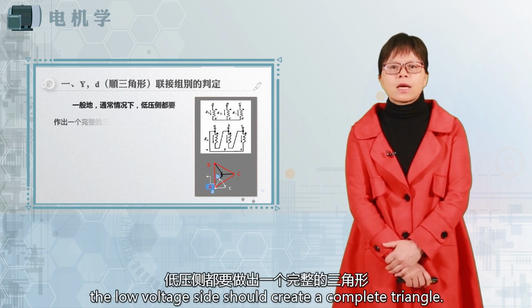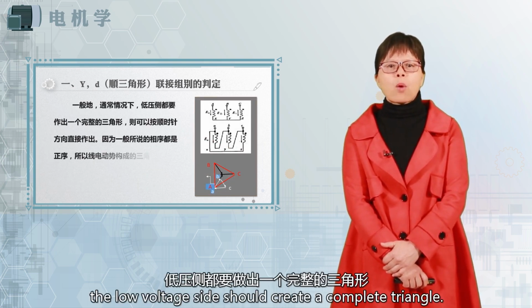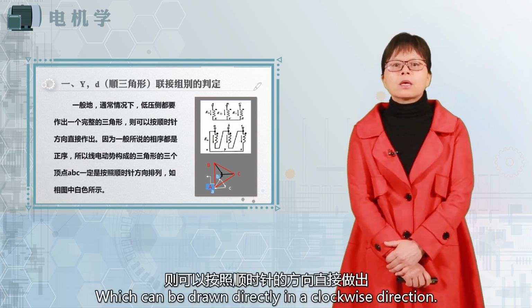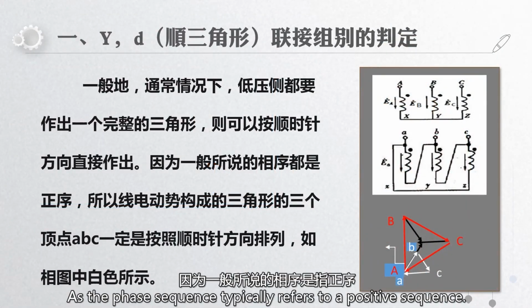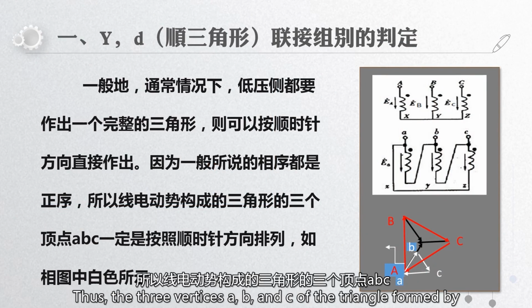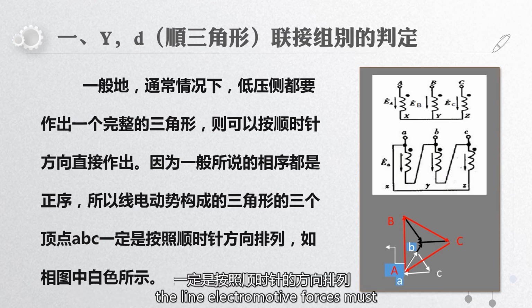Generally, the low voltage side should create a complete triangle, which can be drawn directly in a clockwise direction. As a phase sequence typically refers to a positive sequence, the three vertices A, B, and C of the triangle formed by the line electromotive forces must be arranged in a clockwise direction.